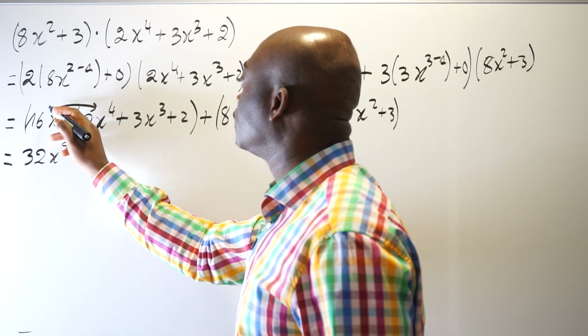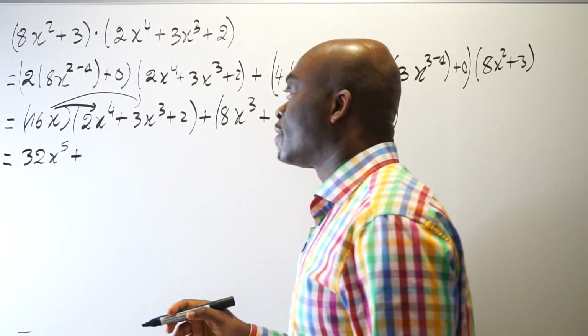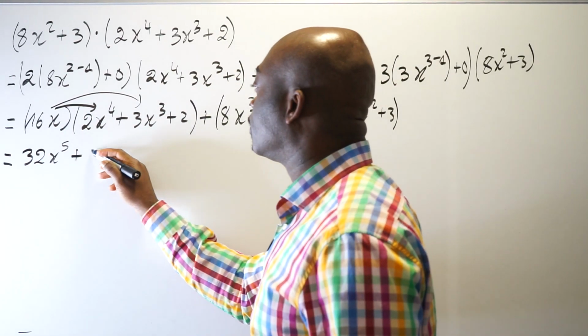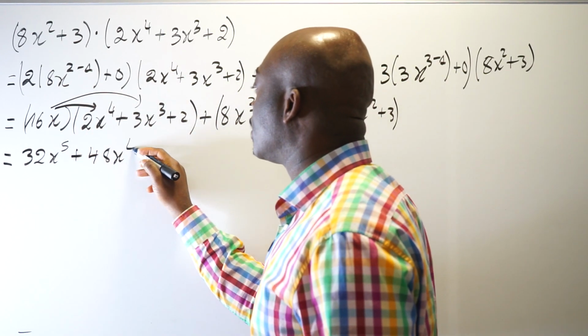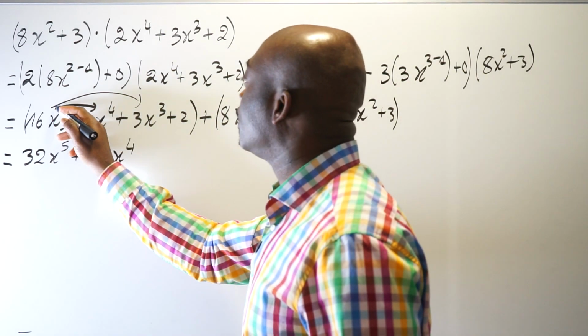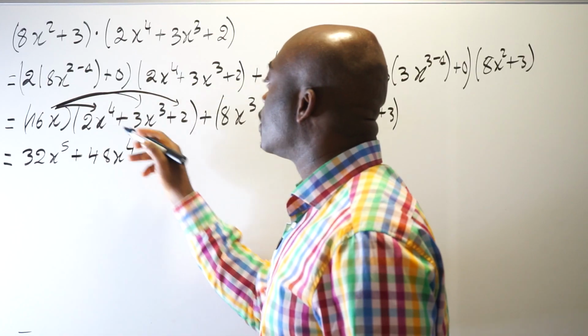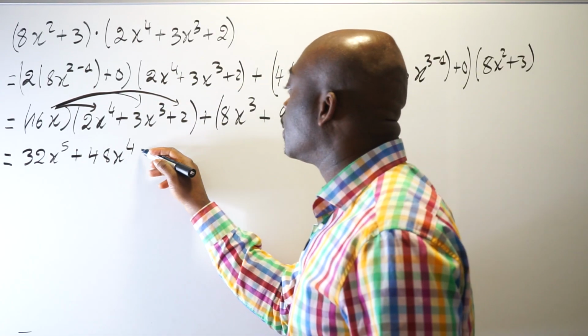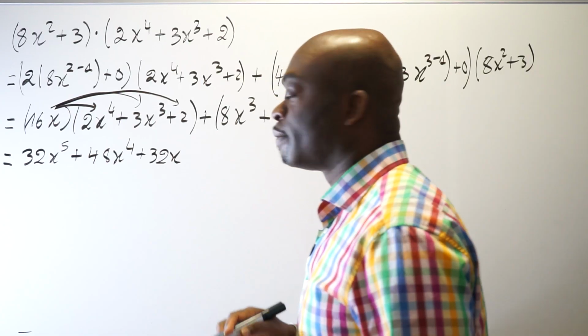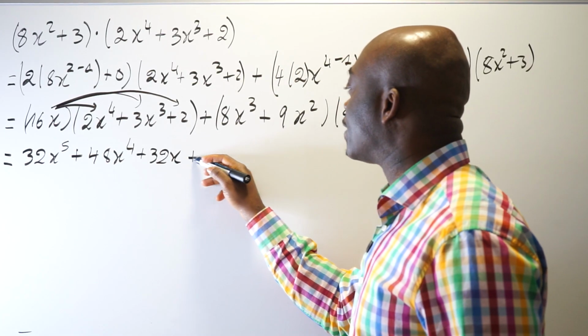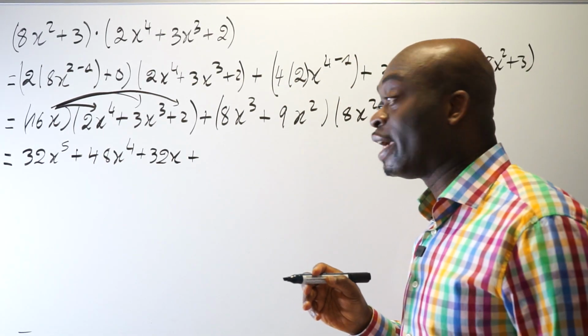Then plus 16 times 3, which is 48, then x to the power 1 plus 3, which is 4. And then 16x times 2 gives us 32x. Then we add that to the answers we get from the other part.